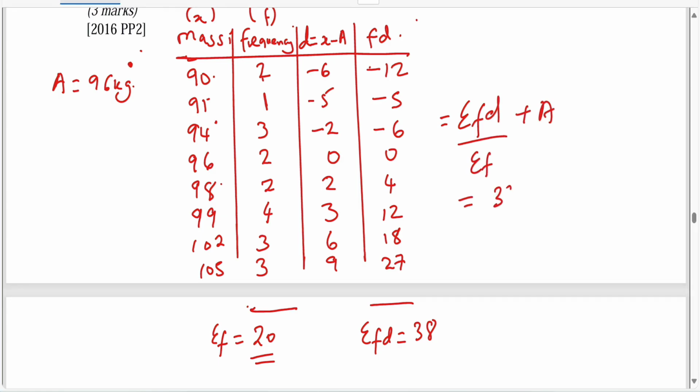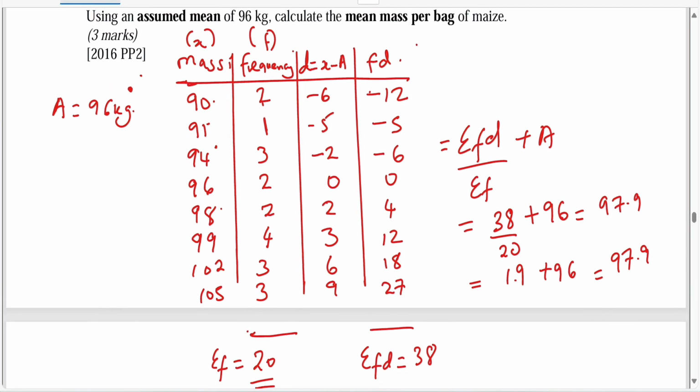So 38 divided by 20, plus your assumed mean of 96. 38 divided by 20 gives you 1.9, and 1.9 plus 96 is 97.9. That is your answer, but write it in kgs, don't forget that. So it's 97.9 kg.